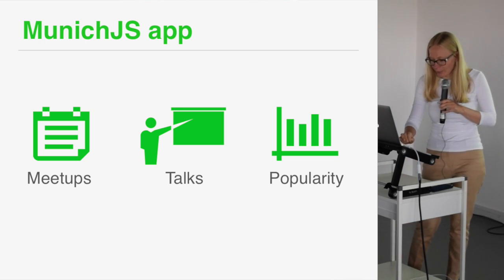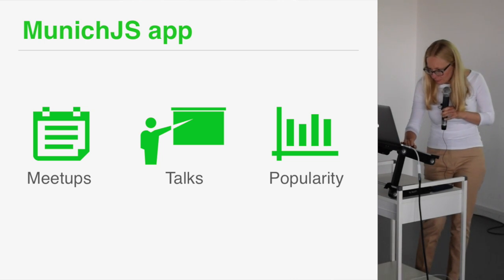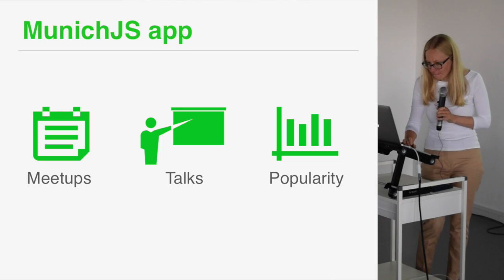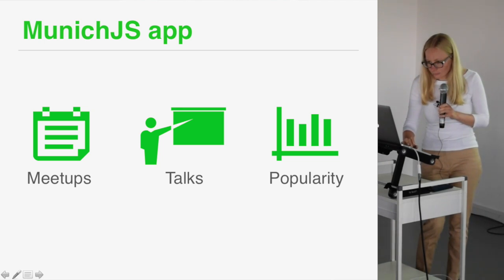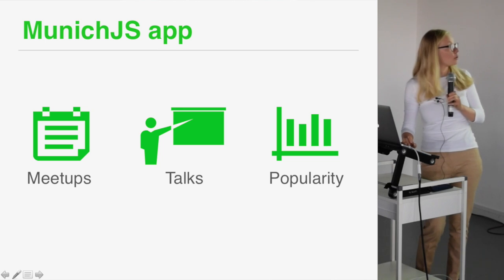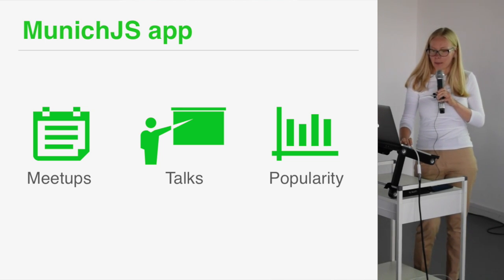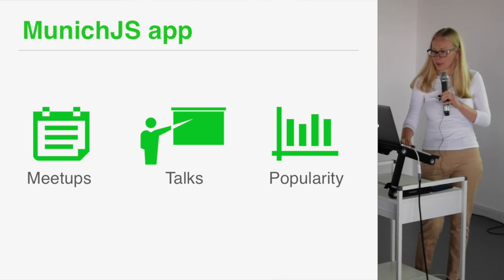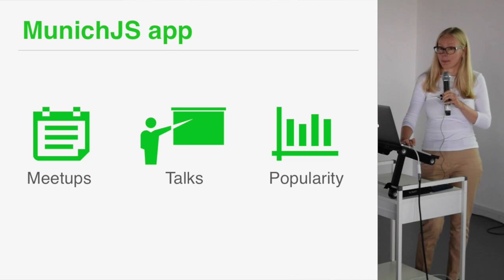First of all, a short demo. Two tabs, meetup and chart, a list of last meetups, and if I click on some meetup, we can see the list of talks for this meetup.